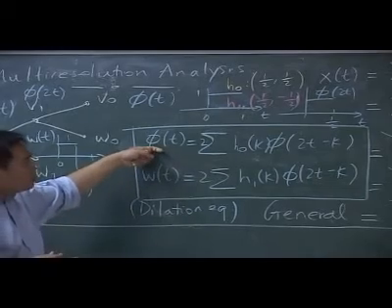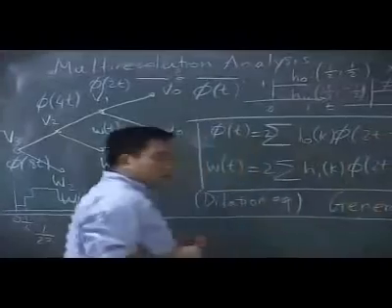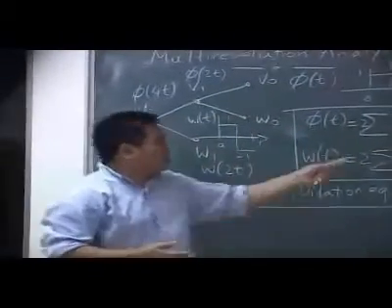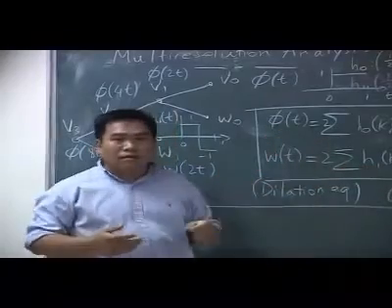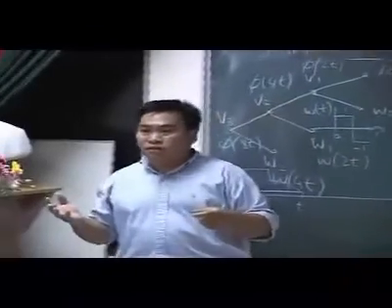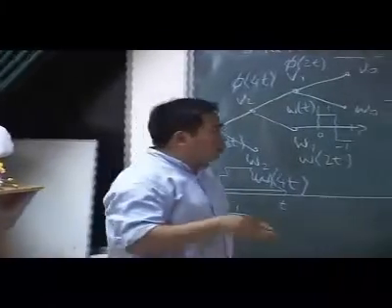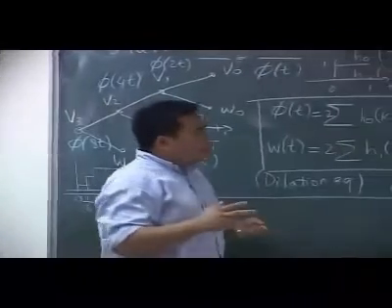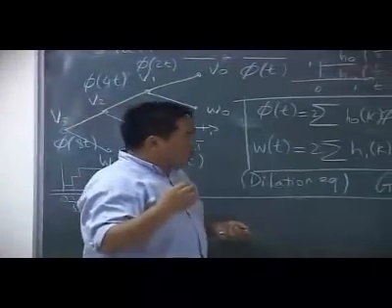Okay. So what I'm going to do next is take this dilation equation and ask the question: given h naught and h1, how do I find the corresponding basis function for those spaces? Okay, so there are several ways of doing this. I will show you 2 ways. One is the brute force.